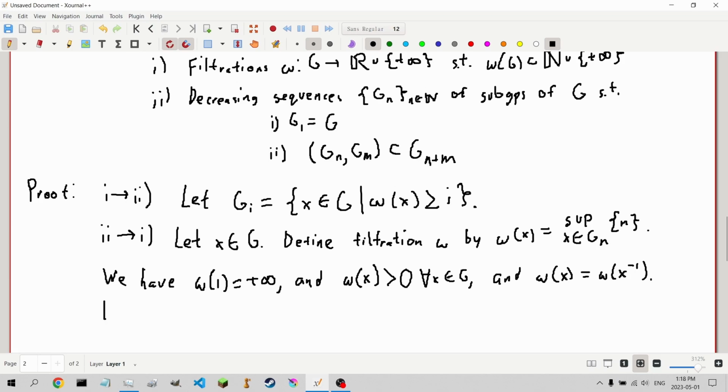Now, let omega of x be equal to n and omega of y be equal to m, so x is in exactly Gn and not Gn plus 1, and y is also going to be in the set Gm minus Gm plus 1.